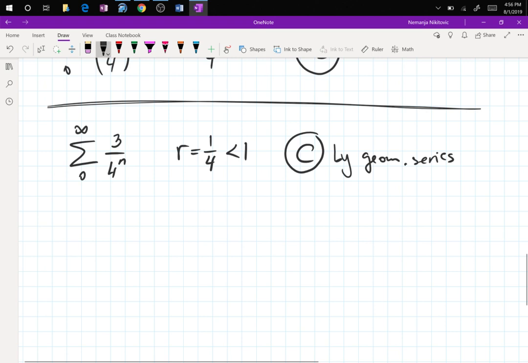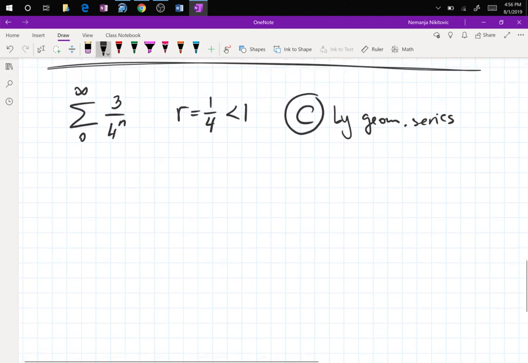And now, since it converges, I gave you the formula to calculate the value that it converges to. So S equals a divided by 1 minus r. a is 3, 1 minus r, which is 1/4.